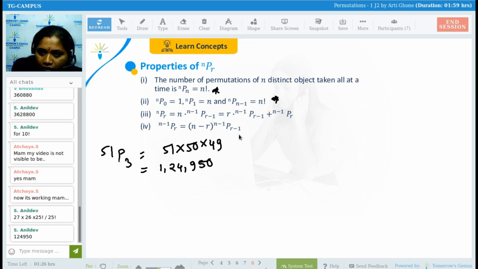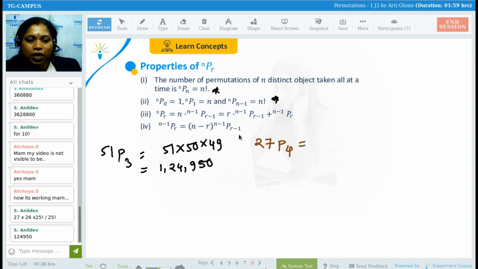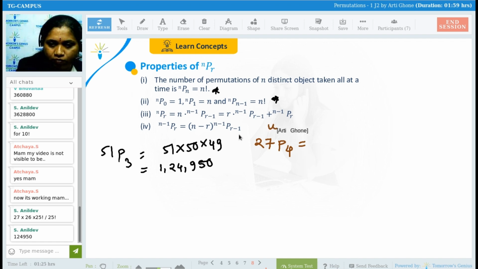With this method, quickly solve. Just tell me the answer, don't multiply. 27P4. What will be the answer? Only multiplication. Which values will you multiply? Quickly in the chat box.